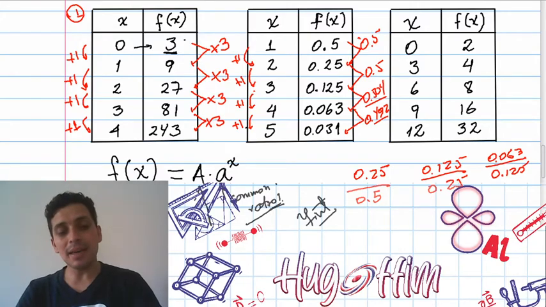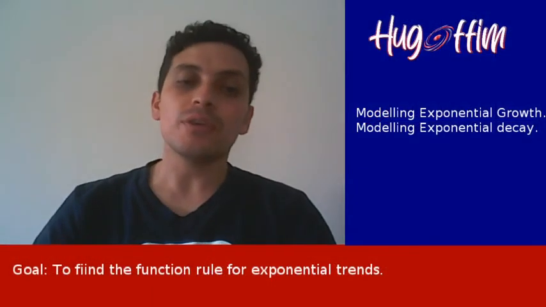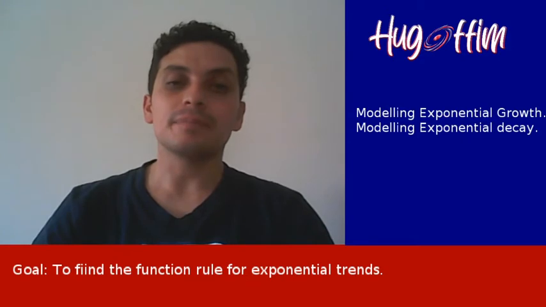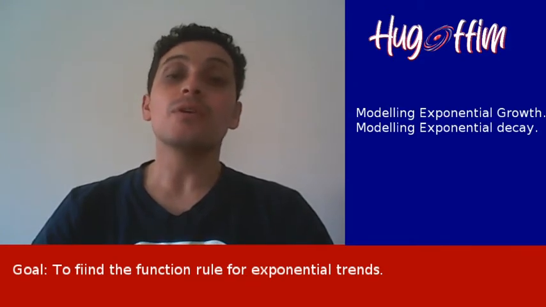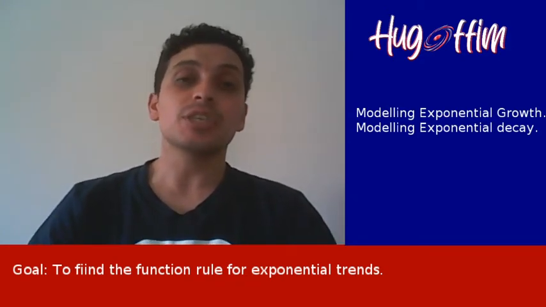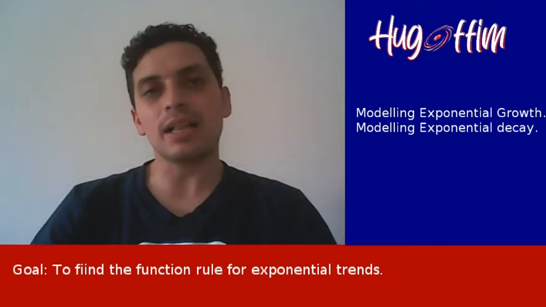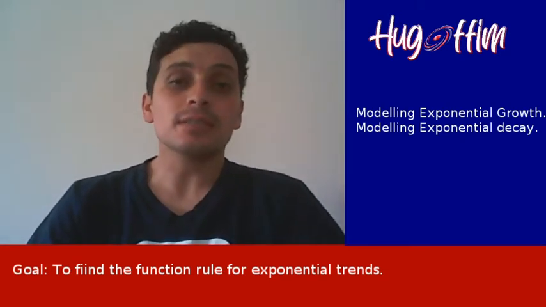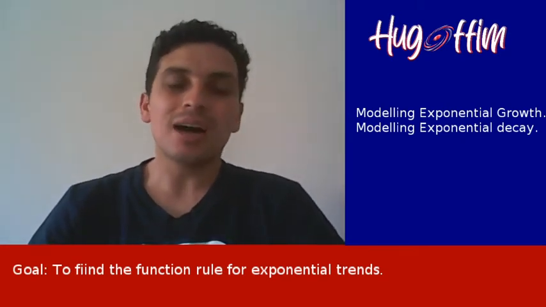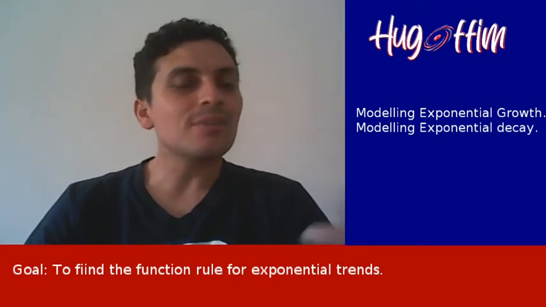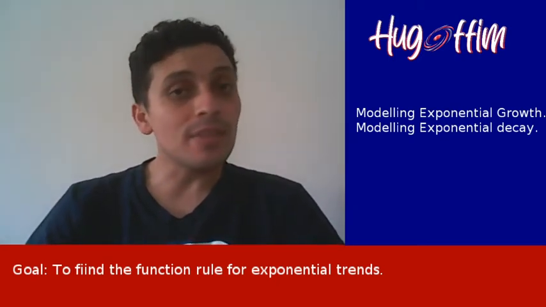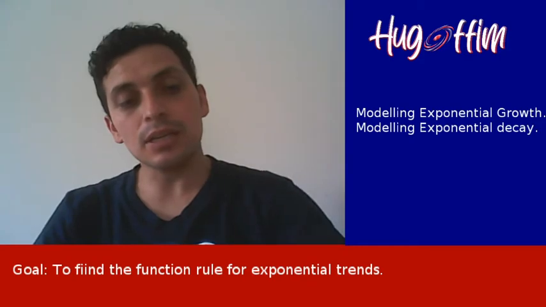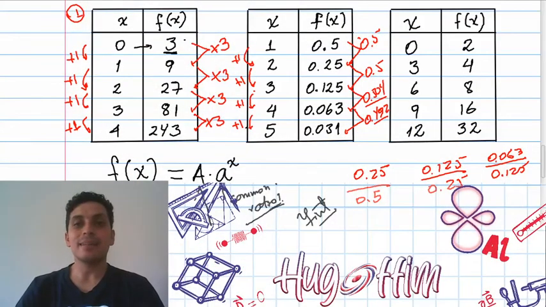So in many situations, when you have an exponential trend, you don't need to have exact values because you're finding trends, and sometimes in trends you don't have the exact value, you have approximated results. So in this case, you can see in the table, the value is approximately 0.5.